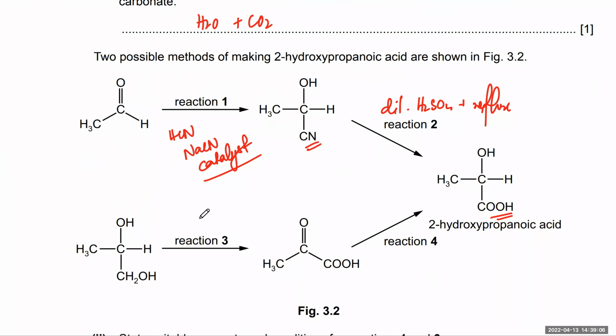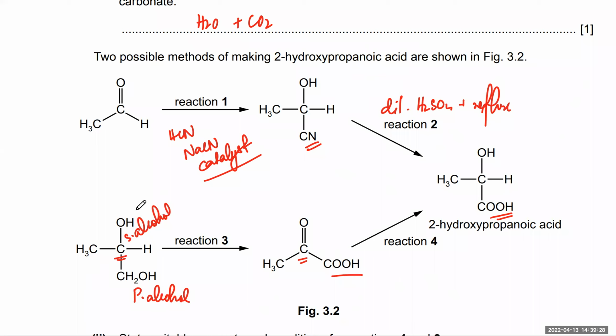So let's move over here. This is reaction number 3. So in reaction number 3, you would notice that there's an alcohol and that turns into a ketone. बाकी चीजों को कुछ नहीं होता. CH3 remains there. So there's a primary alcohol which turns into a carboxylic acid, and there's a secondary alcohol.